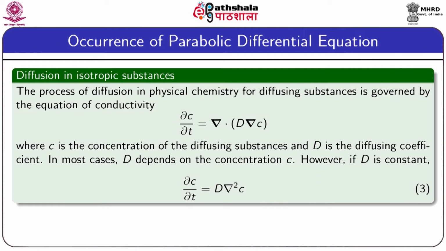We shall take another example that is shown here. This is the process of diffusion in physical chemistry, where the diffusion of a substance is governed by the equation written here: del C by del t is equal to divergence of D grad C, where C is the concentration of the diffusing substance and capital D is the diffusion coefficient.